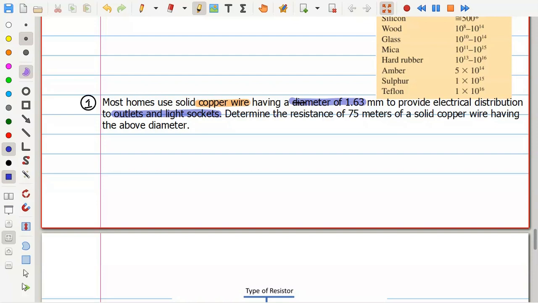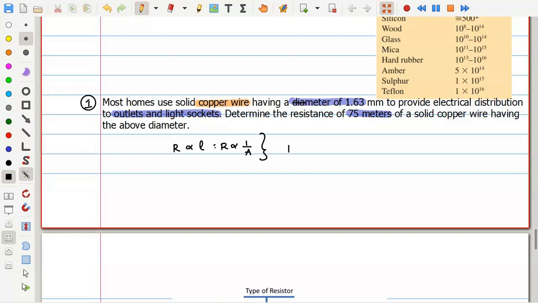What we need to do is determine the resistance of 75 meters of solid copper wire having the above diameter. So in the initial case, R is proportional to L and R is proportional to 1 by A.